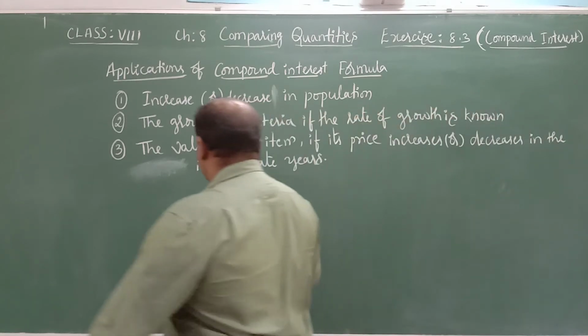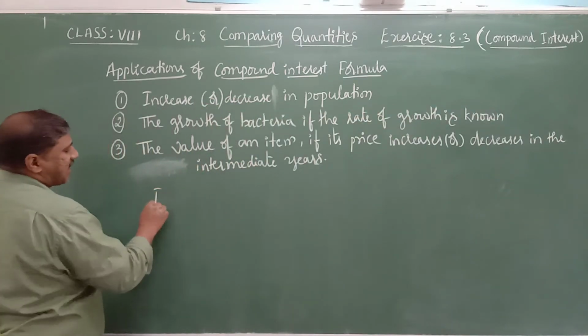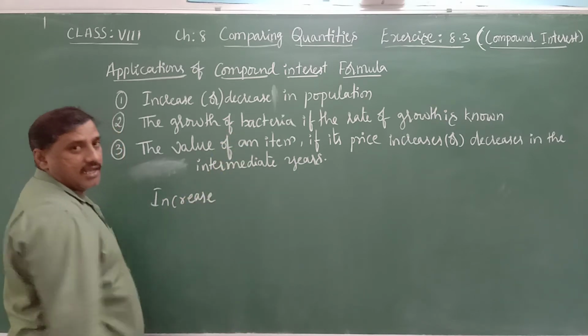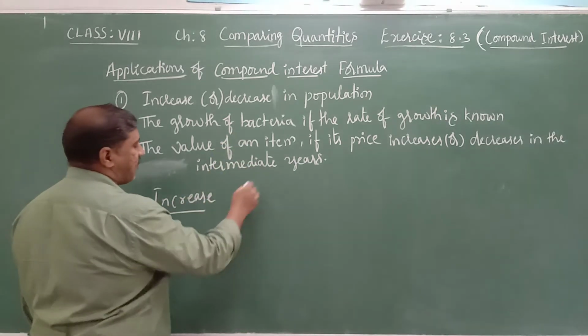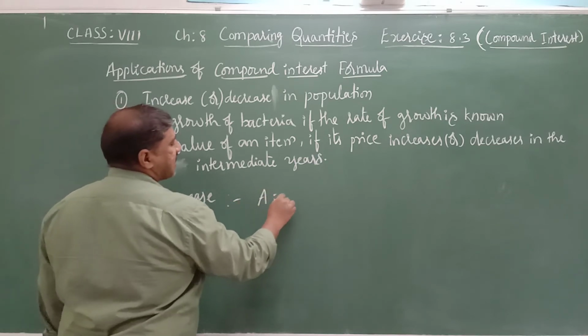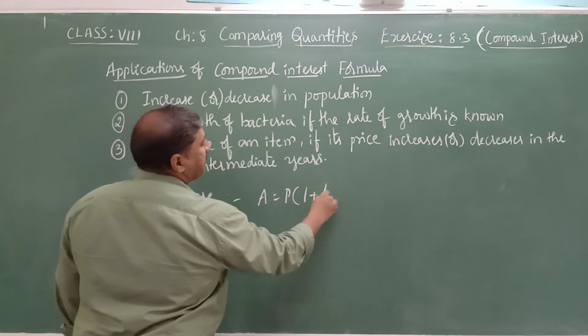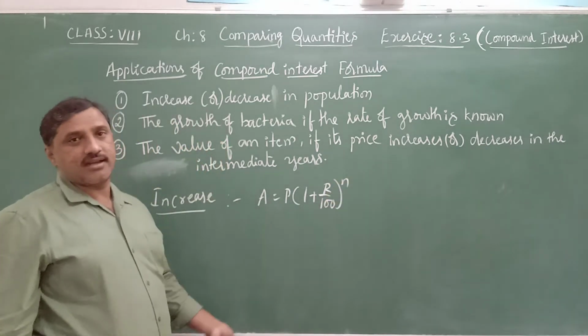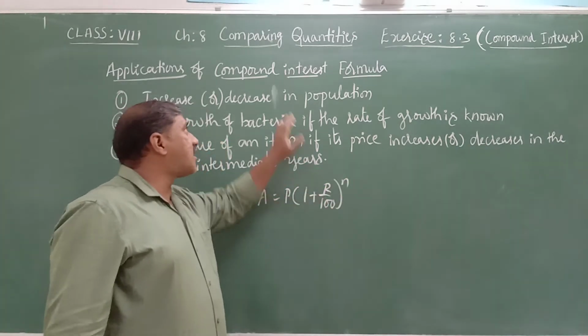For an increase in the population or an increase in the price, we use the formula A is equal to P into 1 plus R by 100 whole to the power of n. That is the same formula as compound interest.